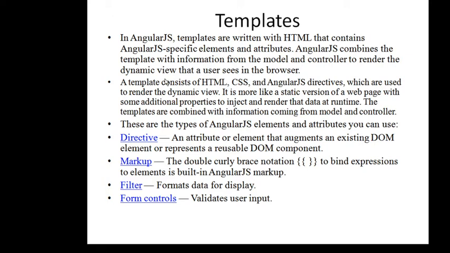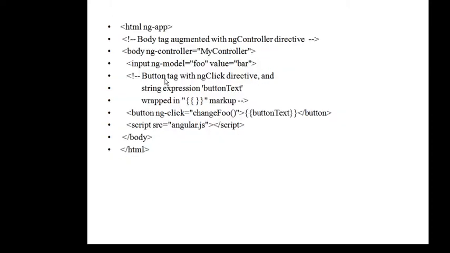The double curly brace notation is used to bind the expressions. The element is built-in AngularJS markup. Now fourth is filters, which format data for display. Now fifth is form control, which validates the user input. That is the example for the templates.